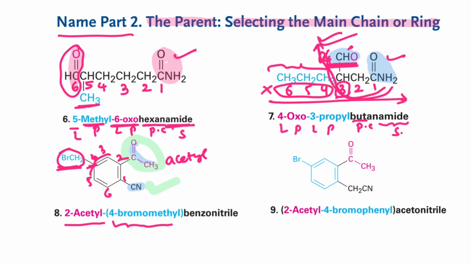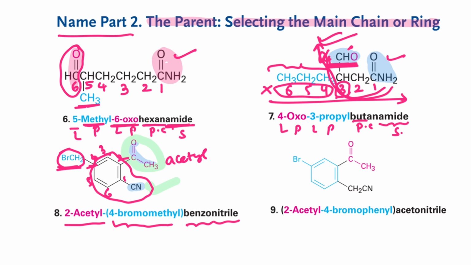Total, this is called benzonitrile as the parent chain. Otherwise, it can be called 2-acetyl-4-(bromomethyl)benzene carbonitrile. Also, we can write it that way.